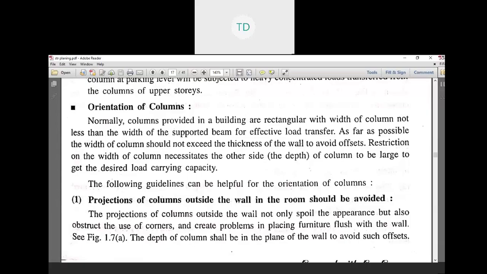Orientation of column. This is the most important part for the project, to read the column details from the orientation of the column. Projection of column outside the wall in the room should be avoided. We can study the first figure, plan: avoid offset.